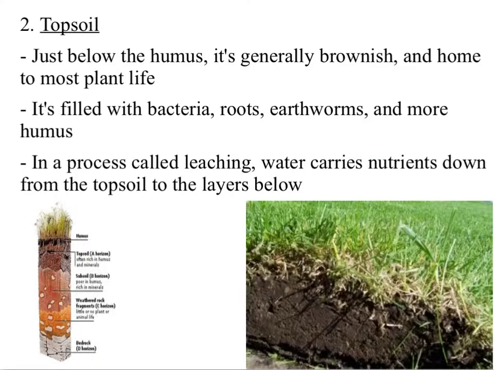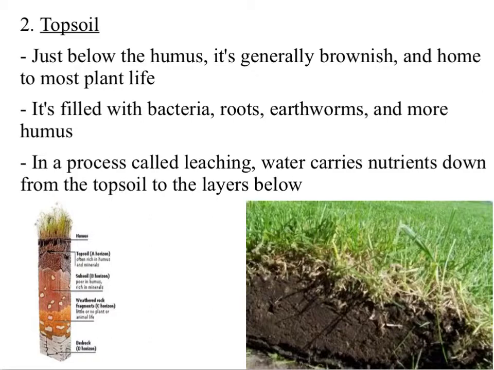Beneath that is the topsoil. This is generally brownish. It's home to most of the plant life. There are a lot of really great things in it for creating and sustaining life: bacteria, the roots of plants, earthworms, which are always a great sign of there being really good soil somewhere, and a lot more humus, which is a part of the topsoil, even as humus is its own layer above the topsoil.